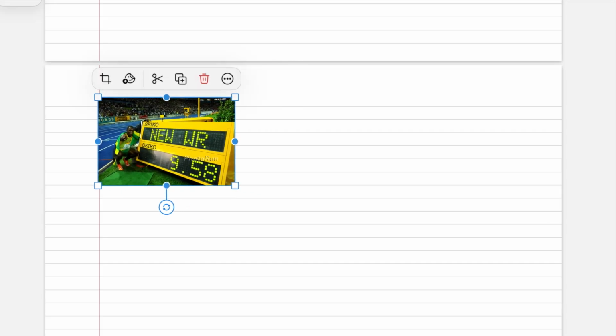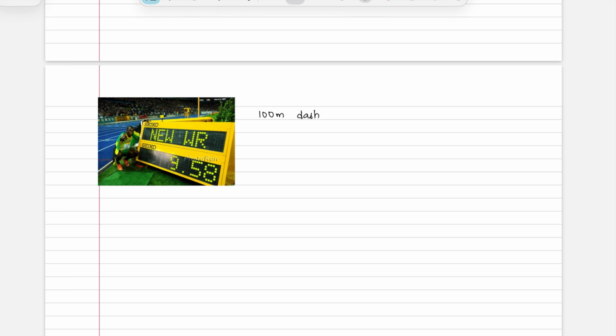So this here is him having set a record. So a 100-meter dash in 9.58 seconds. This is Usain Bolt's achievement. So what then is his average speed?